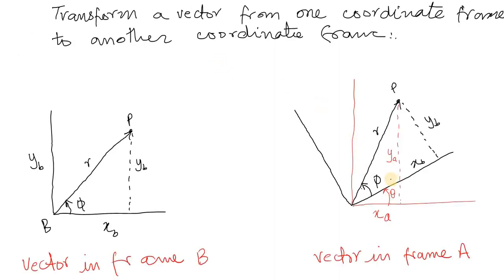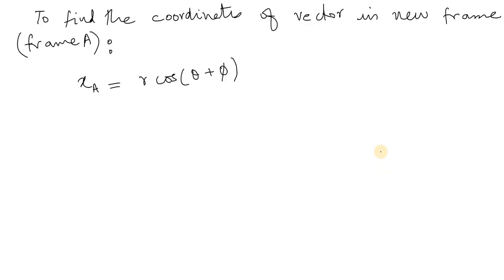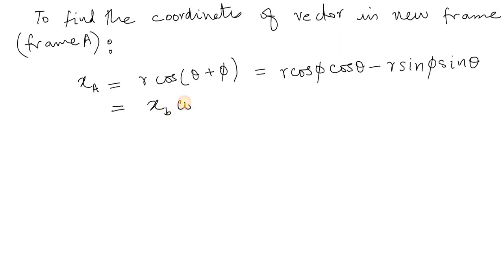If you see this triangle here, this is cosine of theta plus phi for this right angle triangle, and this can also be written as r cosine phi cosine theta minus r sine phi sine theta, and finally this can be represented as xb cosine theta minus yb sine theta.